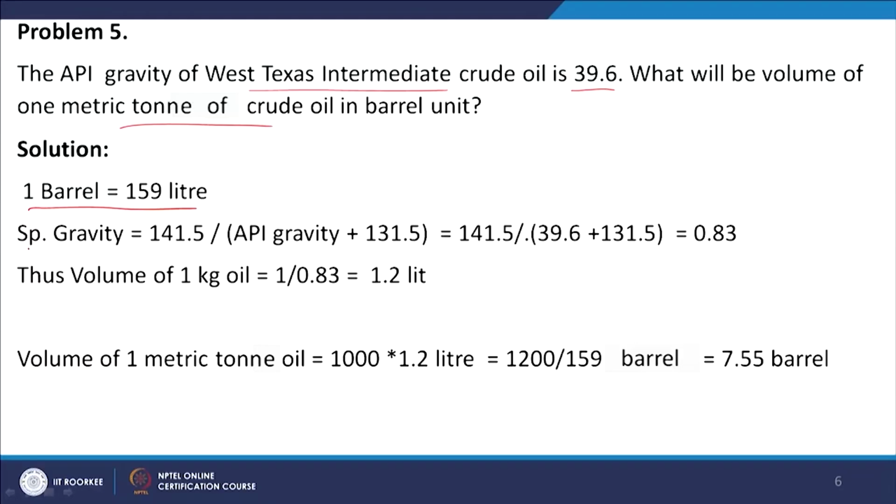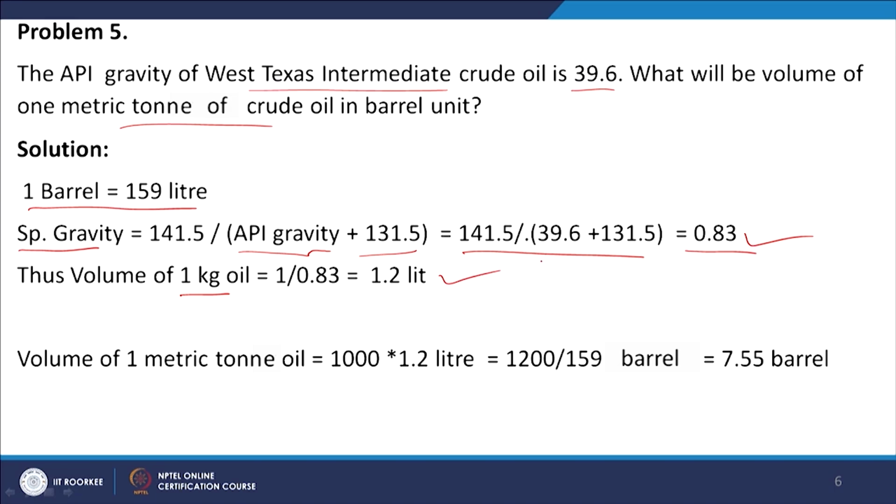Then for specific gravity, we have this formula: 141.5 divided by (API gravity plus 131.5), which we have already discussed in the previous problem. So, we will put this formula here, and we are getting 0.83. So, this is the specific gravity. Once we get specific gravity, the volume of 1 kg oil is equal to 1 divided by 0.83, that is equal to 1.2 liter.